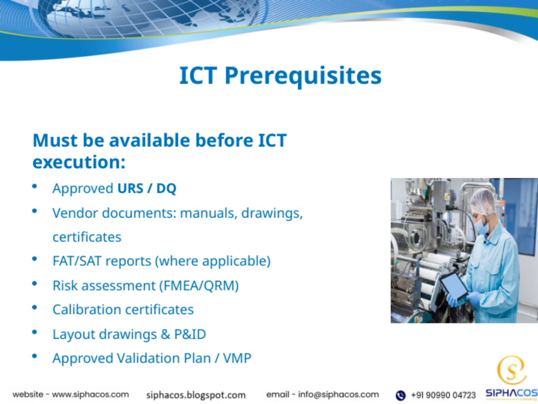An approved validation plan, or VMP, is essential to define the validation approach and ensure we meet quality standards. Finally, ICT prerequisites are the foundational steps we must complete beforehand, setting the stage for a smooth execution. All these elements are integral to ensuring that when we start the ICT, everything is in place, compliant, and ready to deliver reliable results.